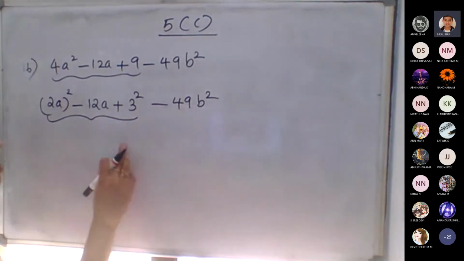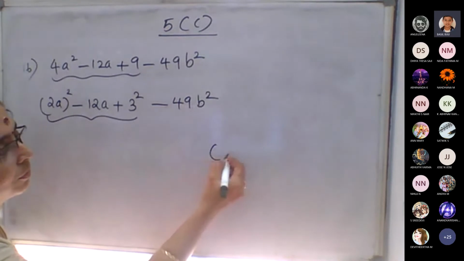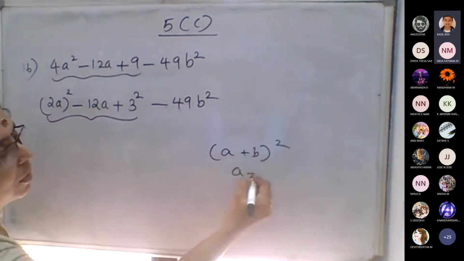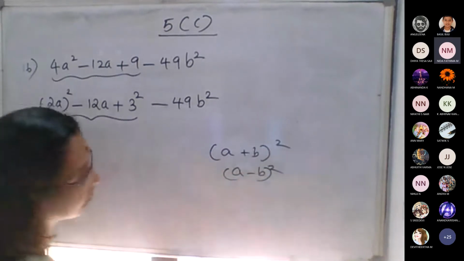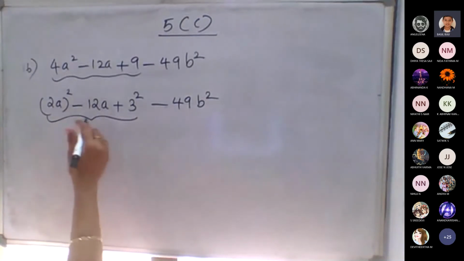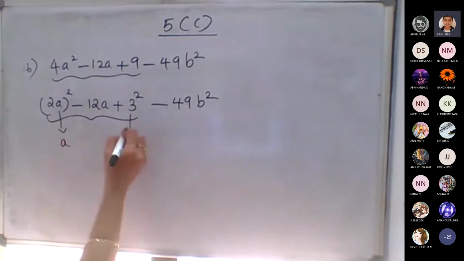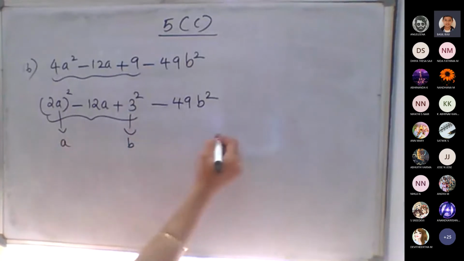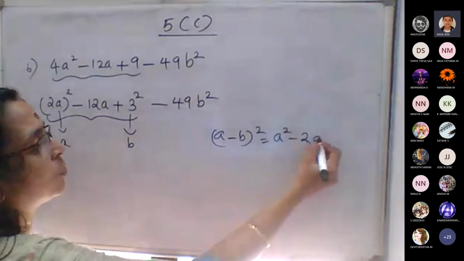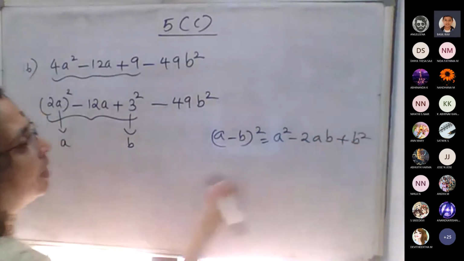Can we write it in terms of a minus b whole square? Check whether this is a and this is b. a minus b whole square is a square minus 2ab plus b square.